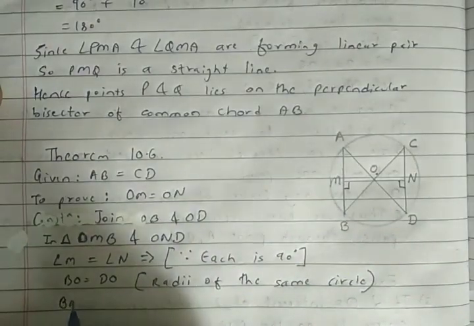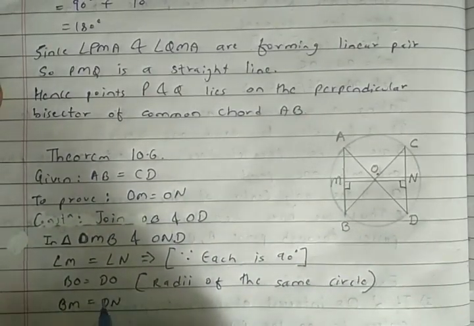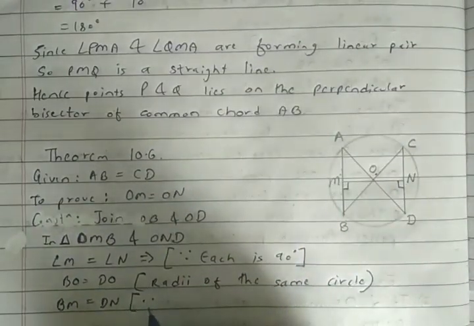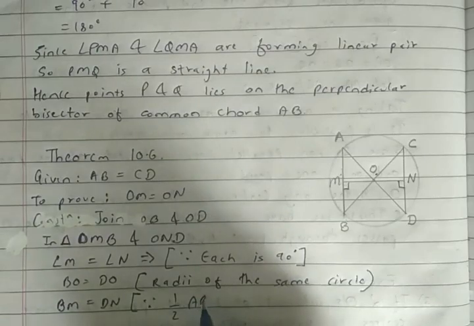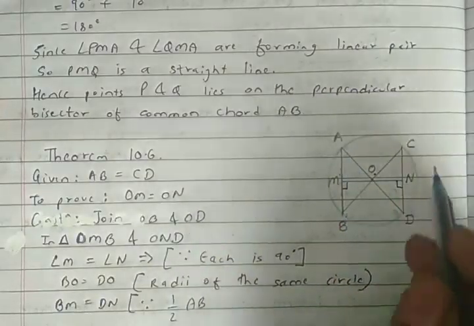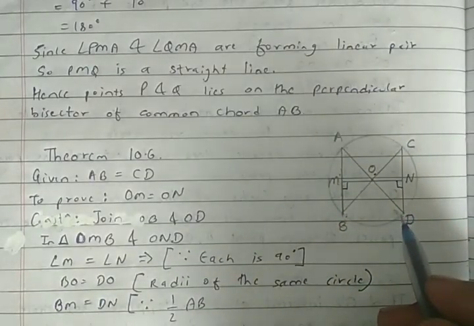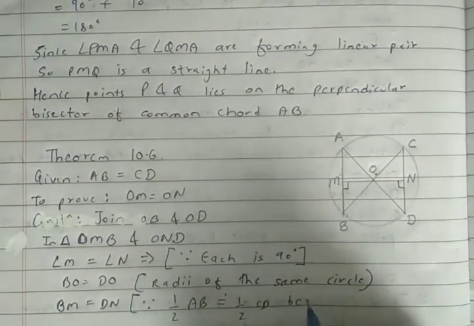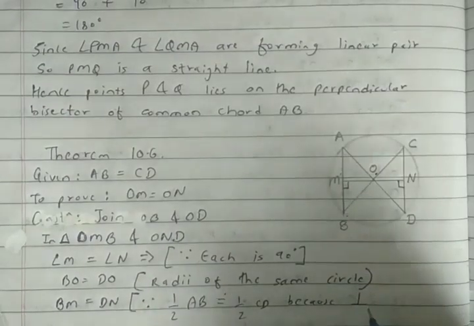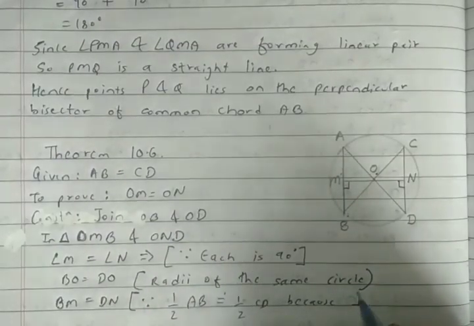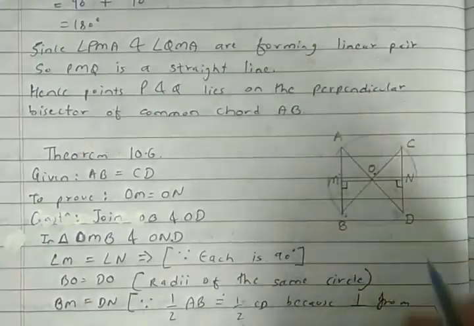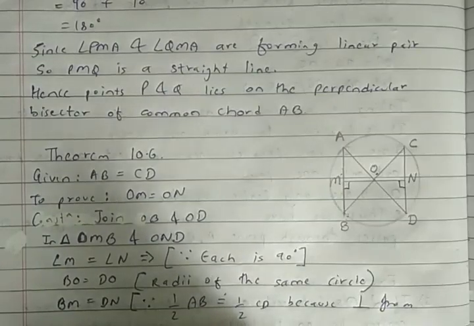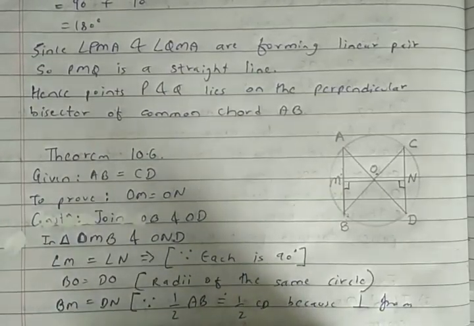Here BM equal to DN, because half of AB is equal to half of CD, because perpendicular from the center bisects the chord.